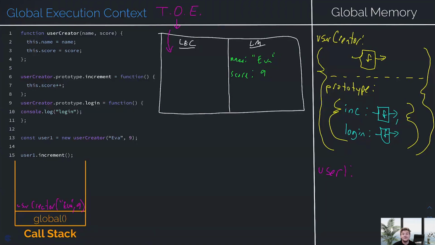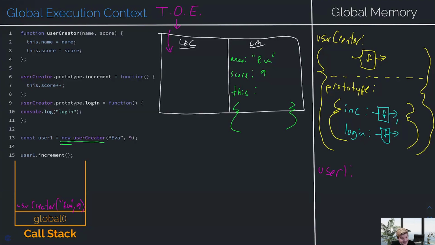And it does that for us automatically, like the other behaviors we've discussed so far. So here in local memory, we're going to represent that by literally storing this as the value of an empty object. And again, this is automated for us by the new keyword, by the way that we call user creator here on line 13, using the new keyword in this local execution context. This will be assigned the value of an empty object.